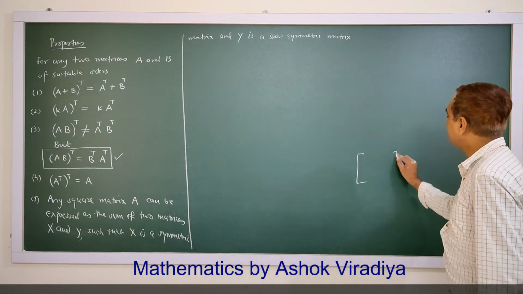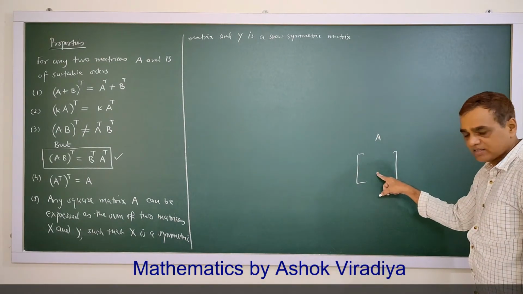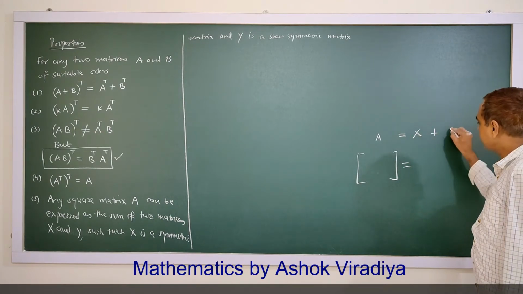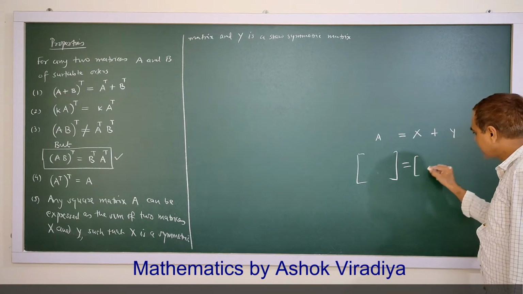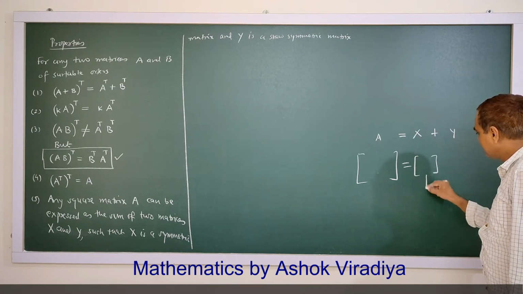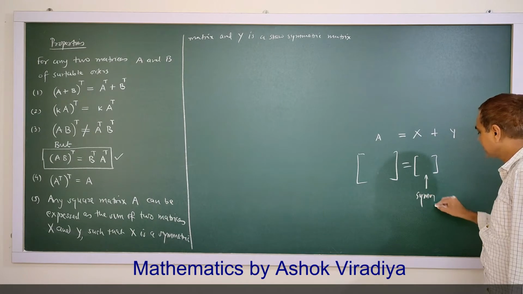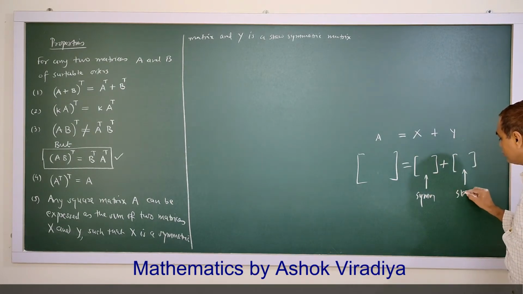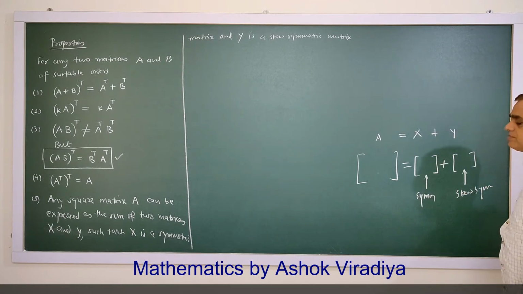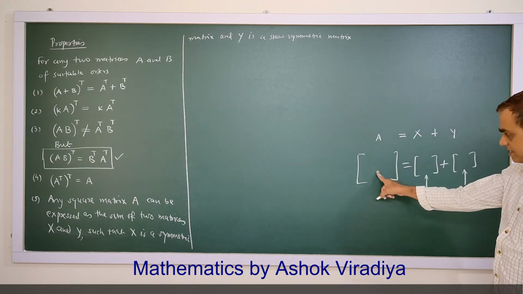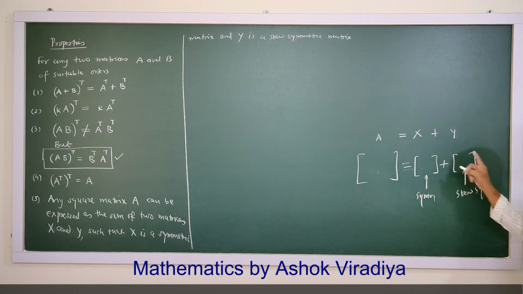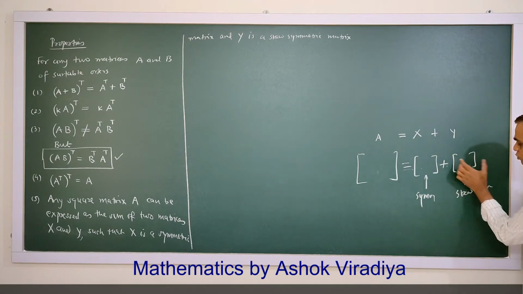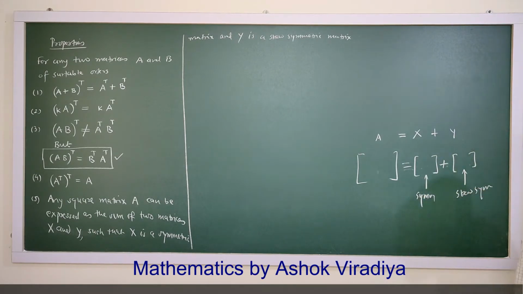If you are given any matrix A, it can be expressed as the sum of two matrices x and y such that this x is a symmetric matrix and this y is a skew symmetric matrix.